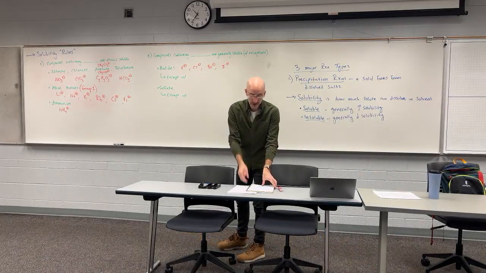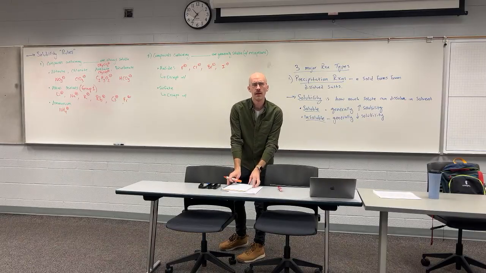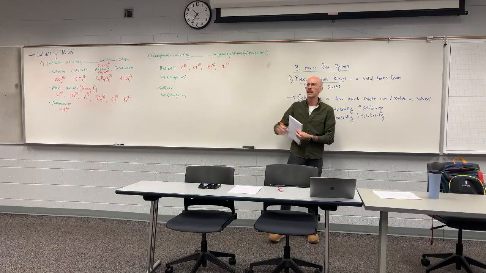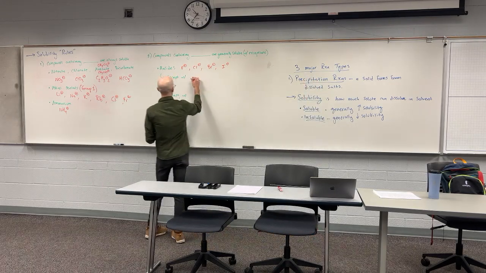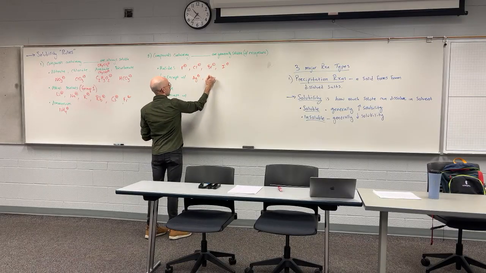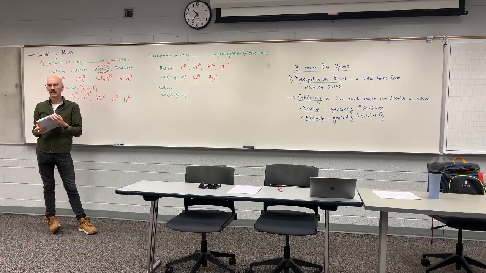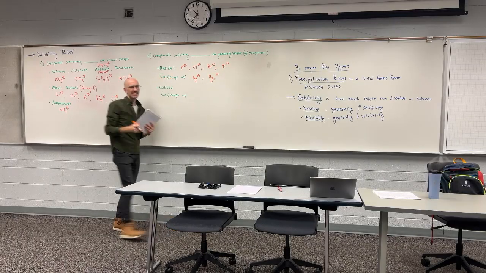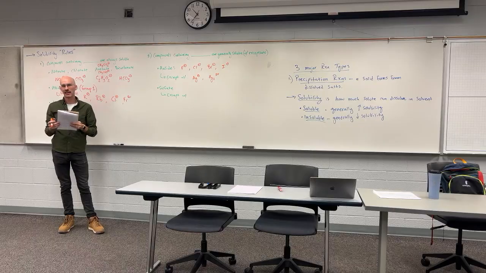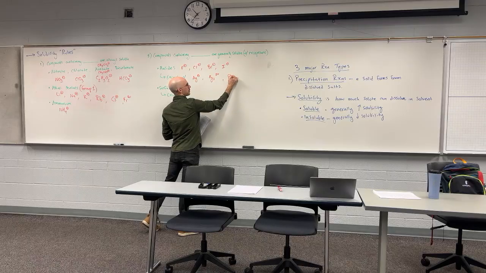So these are always soluble unless they're paired with, what type of ion do these pair with? Cation or anion? Cations. So these are always soluble except with the cations silver, Ag+, Hg2 2+, that's a diatomic cation, and lead, Pb2+.